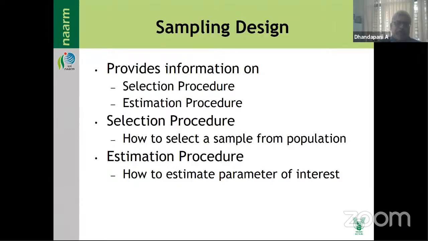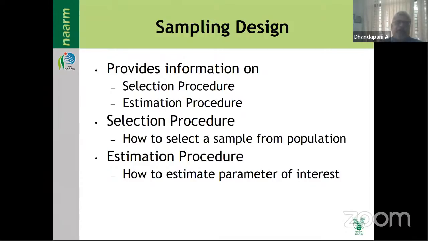So the most important thing, once you have a target population, that we require to execute a survey is what is called a sampling design. This is a technical term which you can usually see in survey reports, particularly by NSSO or even FAO or any other agencies which conduct large-scale surveys.